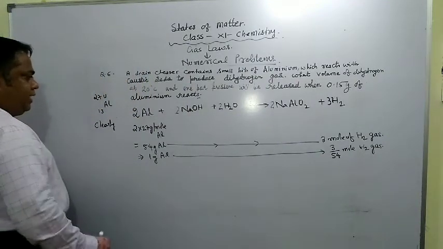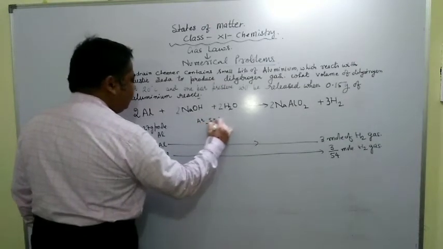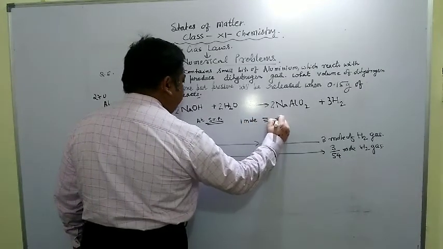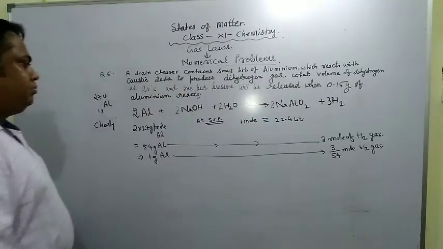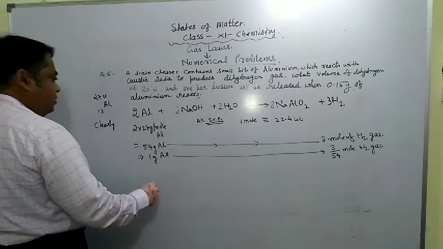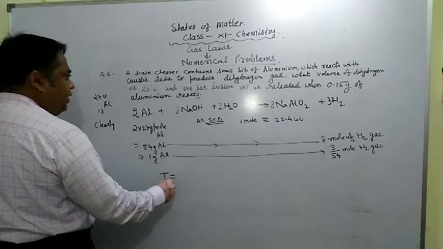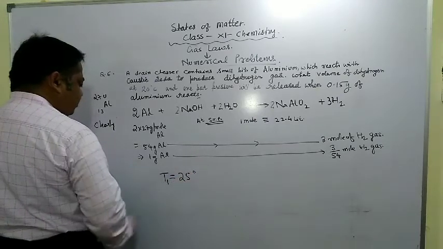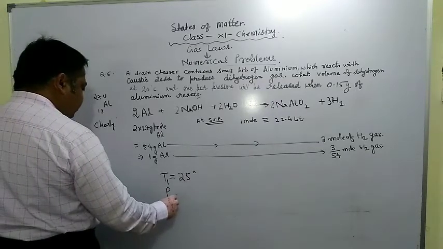Now we know that at STP, standard temperature and pressure, 1 mole is equivalent to 22.4 liter. So one condition is standard temperature and pressure. Standard temperature T1 we can take as 25 degrees C, and standard pressure P1 is 1 bar.